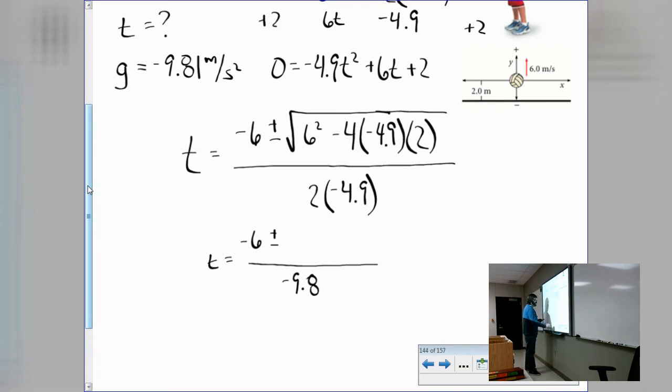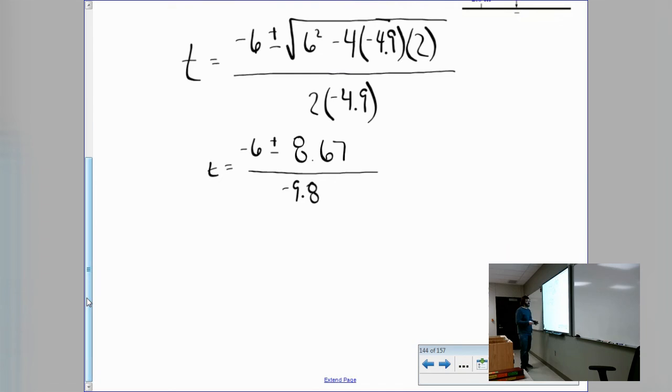So here's what we've got: negative 6 plus or minus 8.67, divided by negative 9.8. One of these answers is going to give us a positive time, and one is going to give us a negative time, which we realize you can't have, so only one of the answers will actually be correct. Let's go ahead and get our two answers.